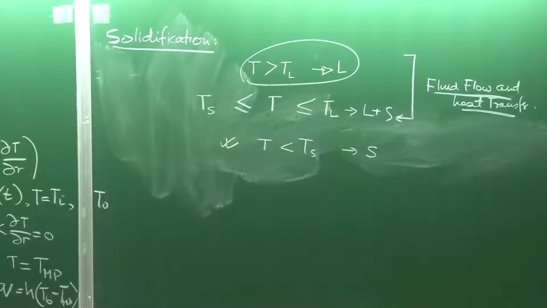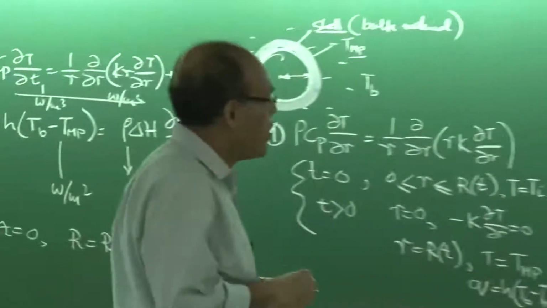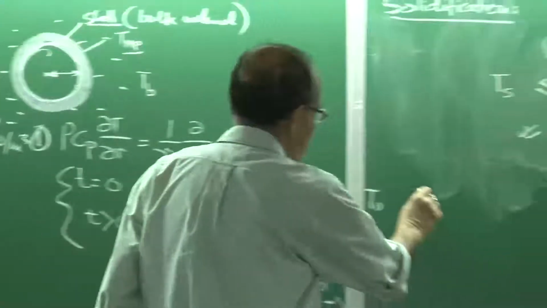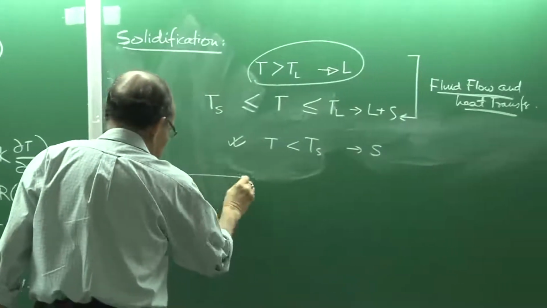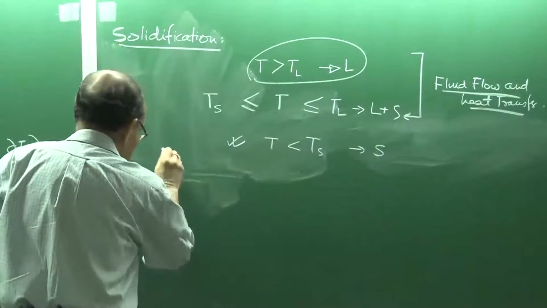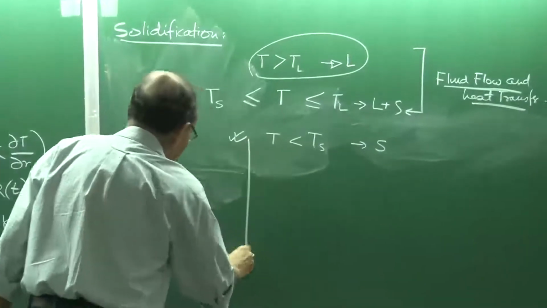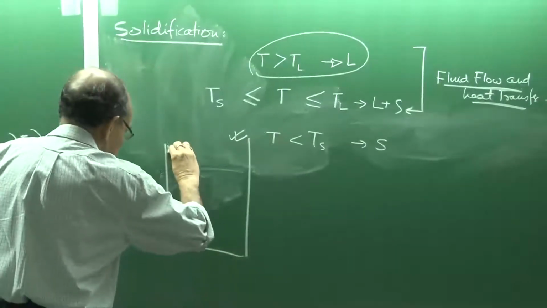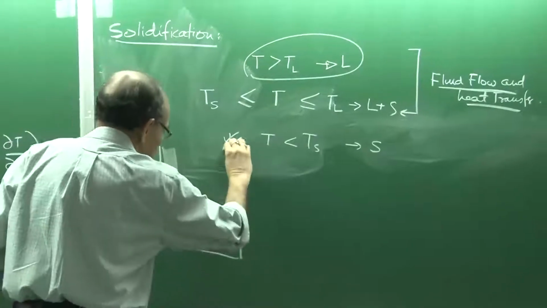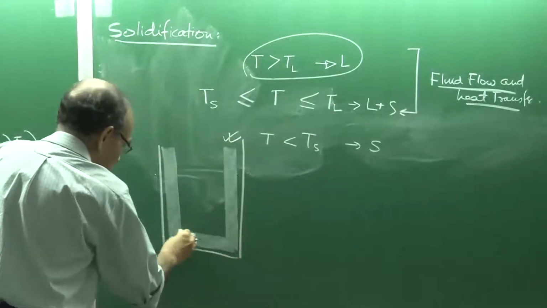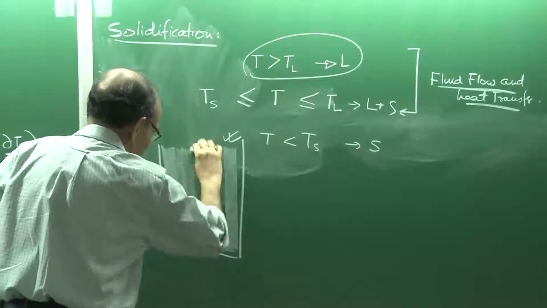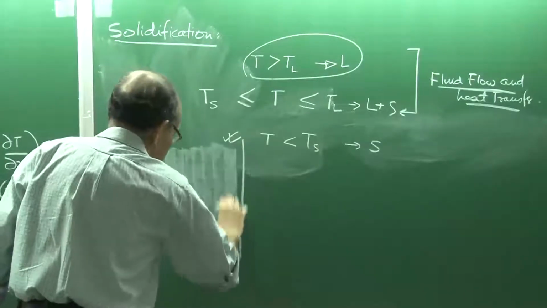Now, one important aspect I want to address is what happens when solidification takes place. Suppose you have a mold here, you pour molten metal, and then as a function of time the solidification takes place.